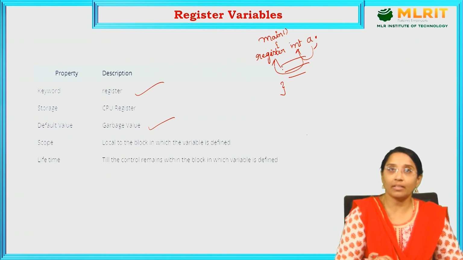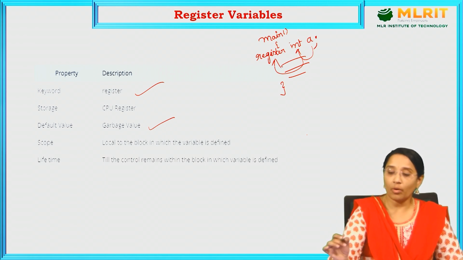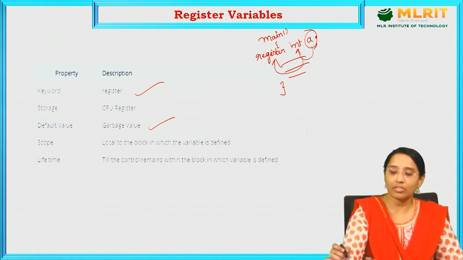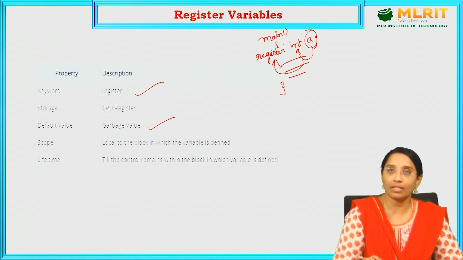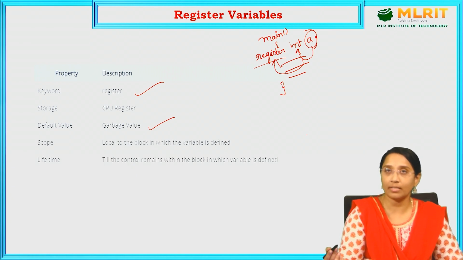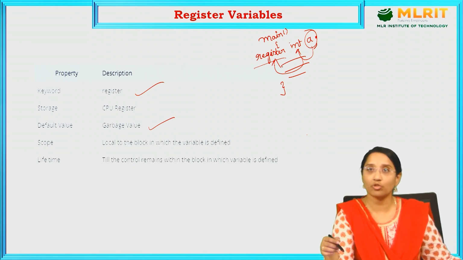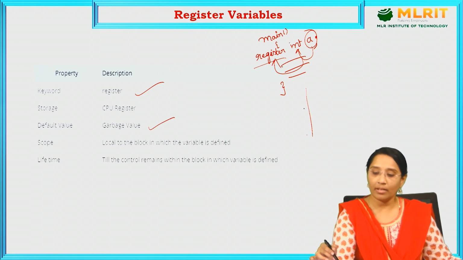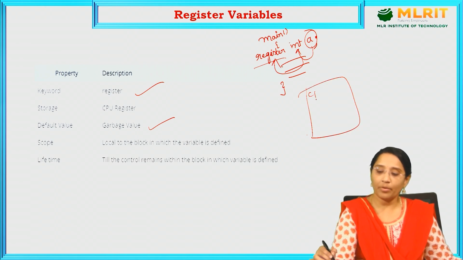It means we are telling the compiler to store variable a in a register. Normally, if you don't write the register storage class, by default your variable will be stored in memory, the computer's RAM. So here, with register int a, you are asking the compiler to store your variable a in the CPU registers.